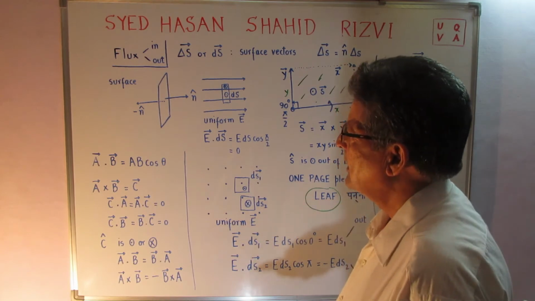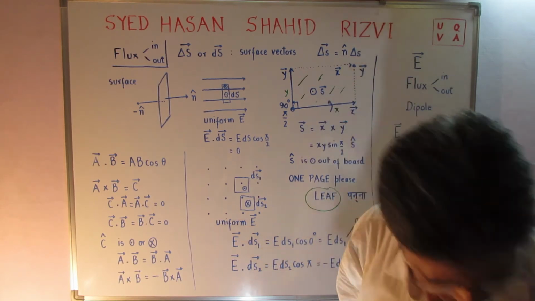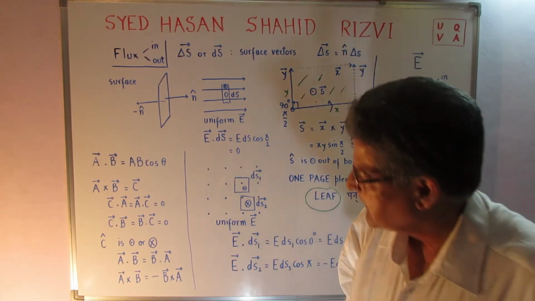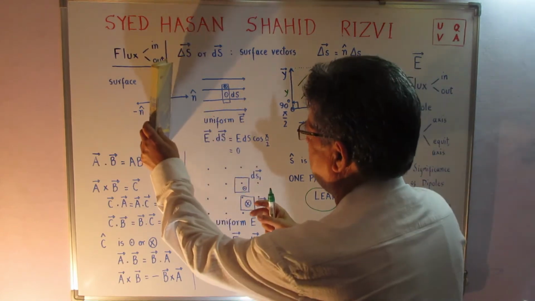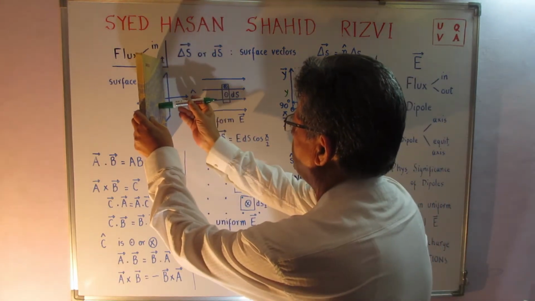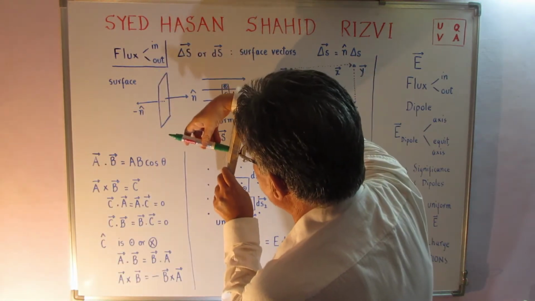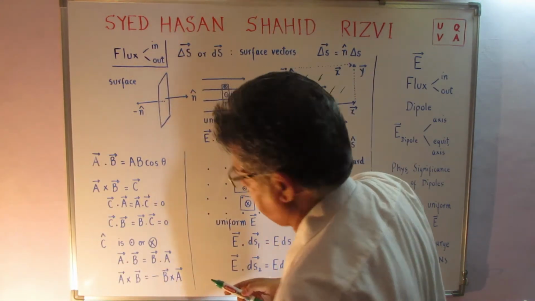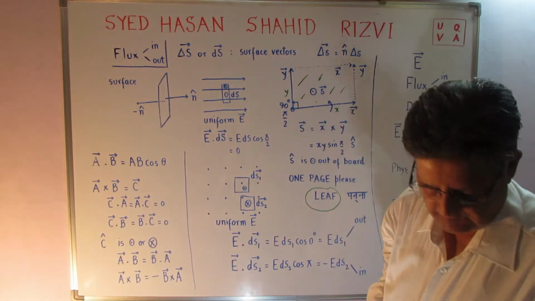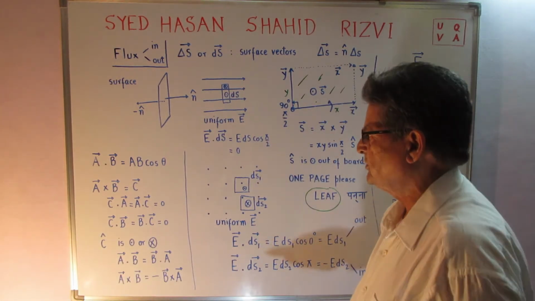So here I have again a surface like this, for which this is the normal vector in this direction, and for the other side of this surface the normal vector is in the other direction. So I have shown one as n cap and the other as minus n cap.